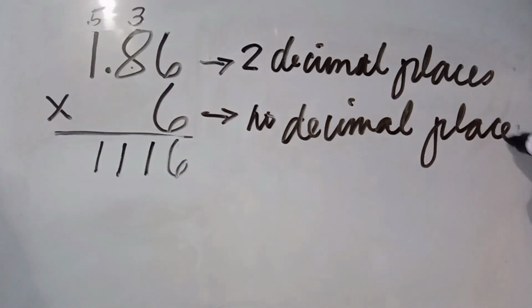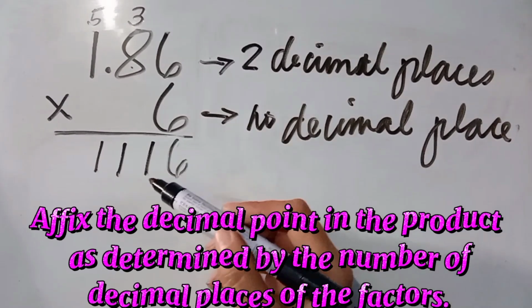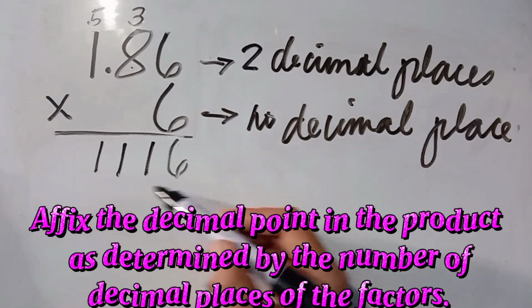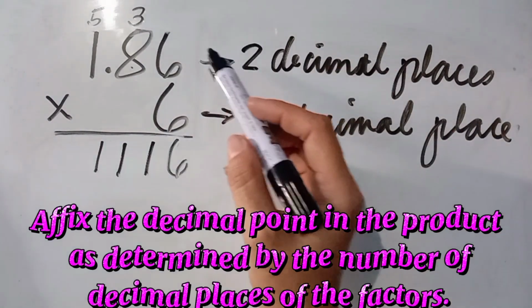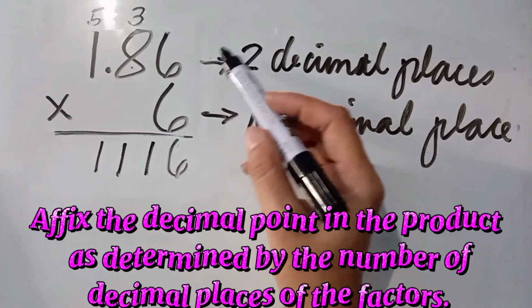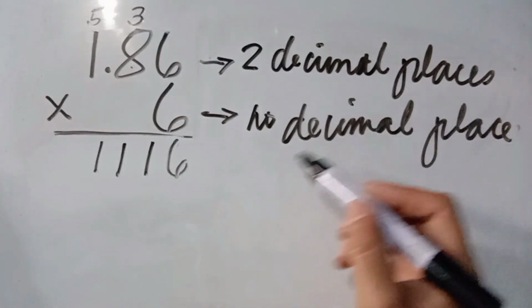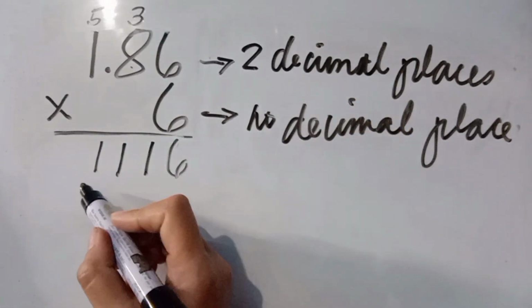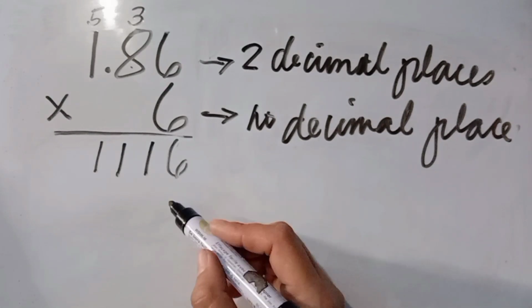So, the next step is we are going to affix the decimal point in the product as determined by the number of decimal places of the factors. Kung 2 decimal places po siya dyan, dapat 2 decimal places ang nandun sa product. Paano gagawin?